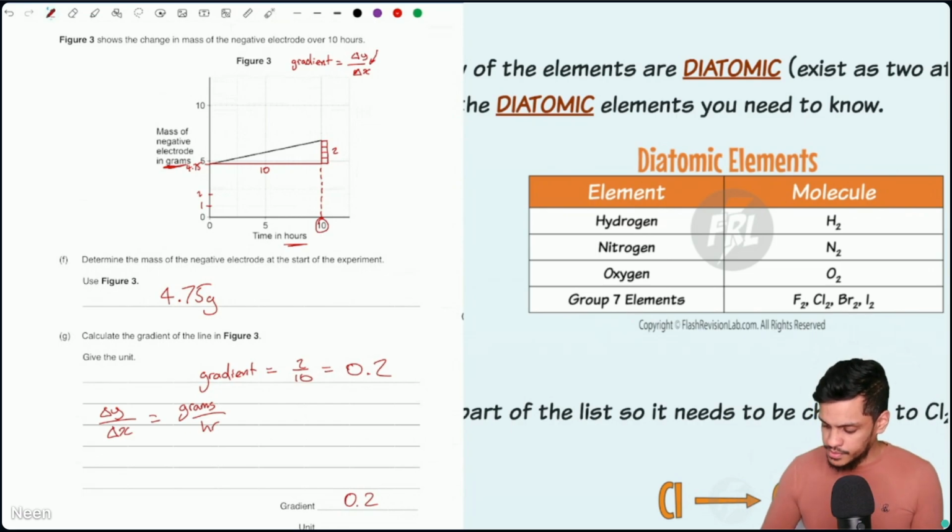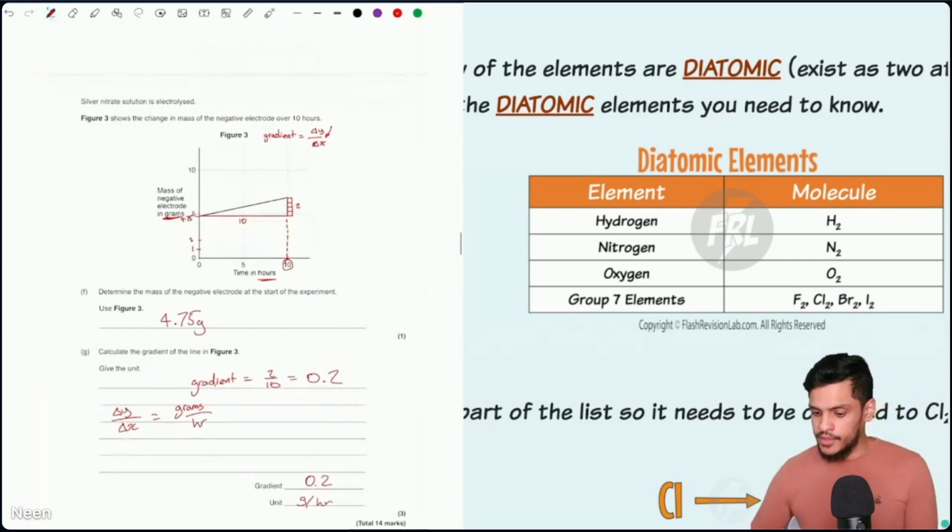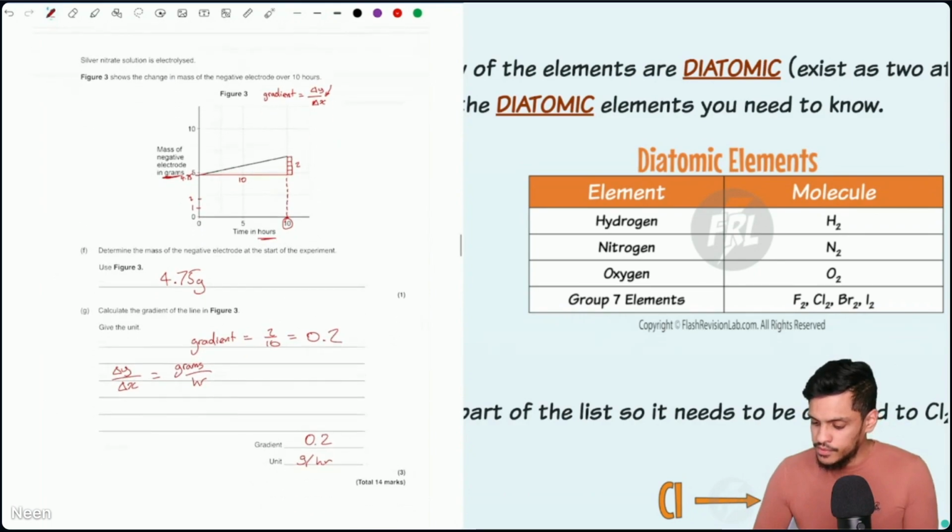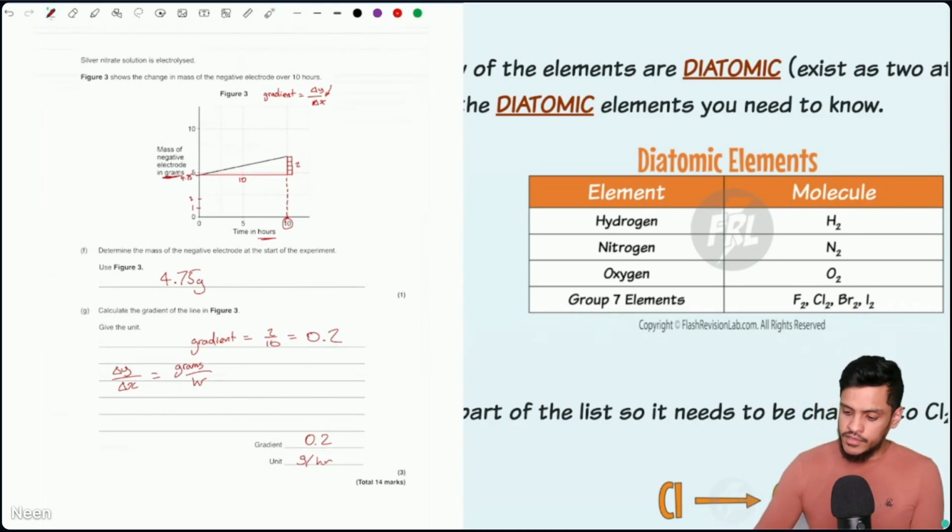The unit is grams per hour. Sometimes you might just need to figure out the units. If they don't give you the units, it might not be one that you learn, but you might need to figure it out. So here you just use the gradient, the fact that it's change in y over change in x, and you can use that to figure out that it is grams per hour.